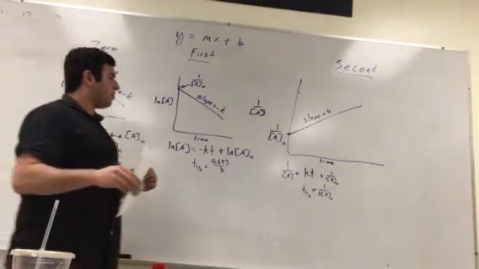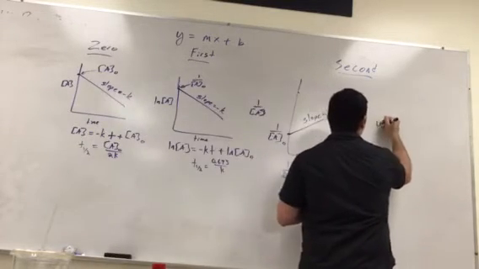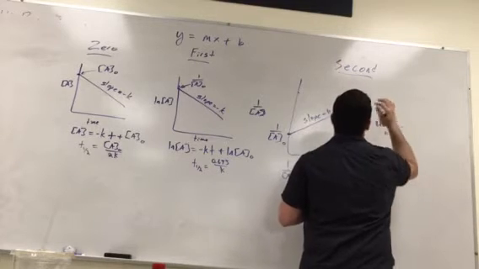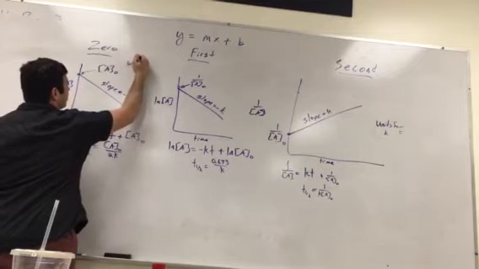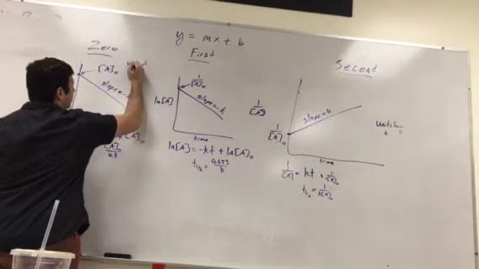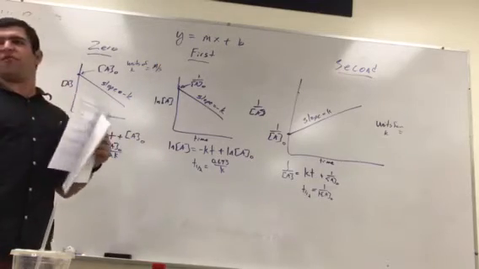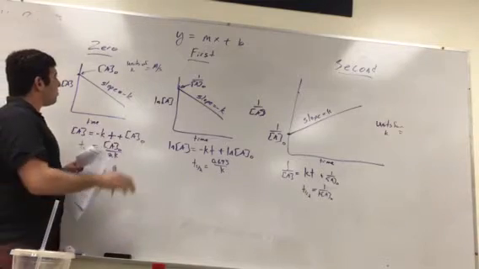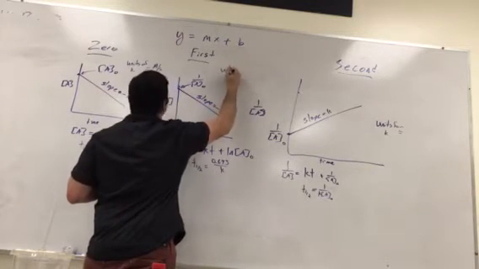For 0 order, the units for k, the rate constant, are molarity per second, or some order of that, millimolar, micromolar, whatever it is. That makes sense.